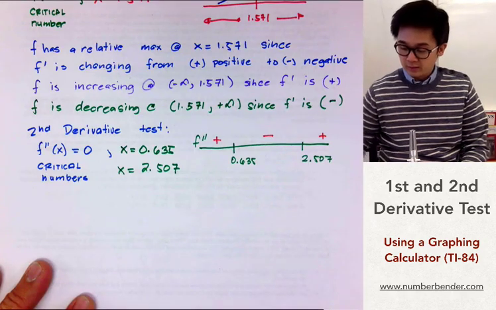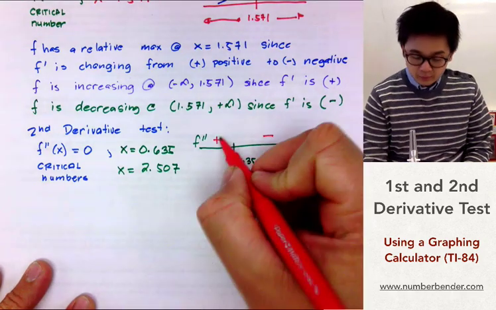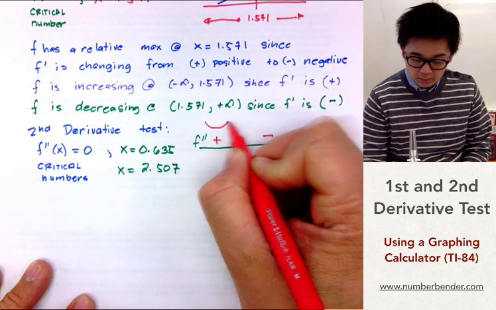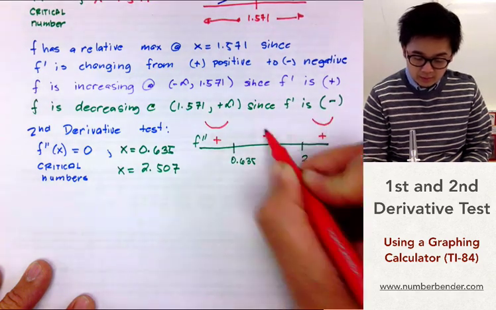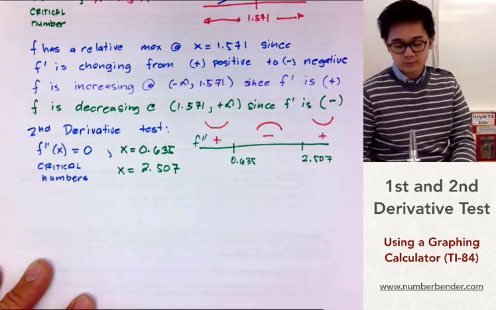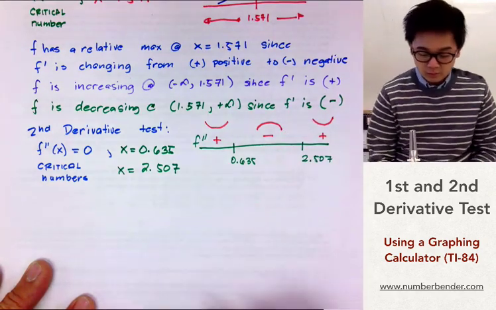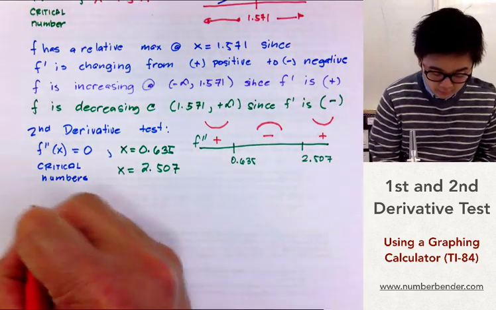Let's start with concave up. So this one is concave up, going up and going up, and this one is going down. So there we have two intervals for concave up.